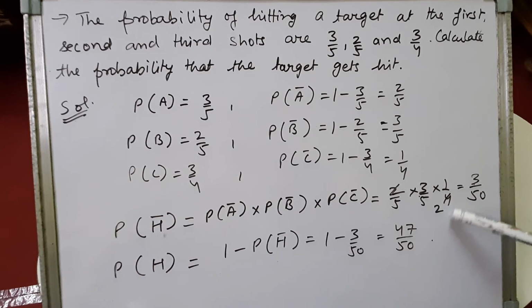When this 2 and the 4 get cancelled, we'll get the answer 3 by 50. So we have to hit the target at least one time, or two times, or all the 3 times, right? So the probability of hitting the target will be 1 minus the probability of not hitting the target. That will be 1 minus 3 upon 50, which is 47 upon 50. Alright children, please note down.